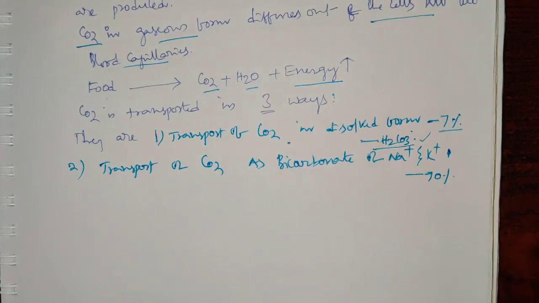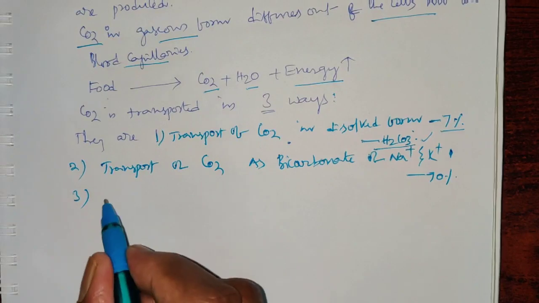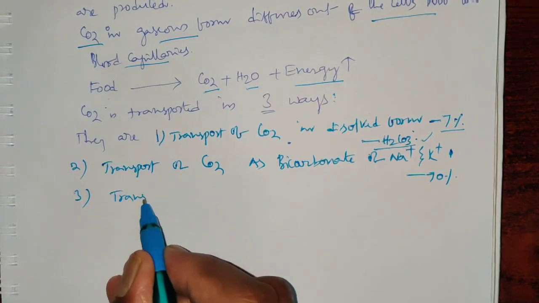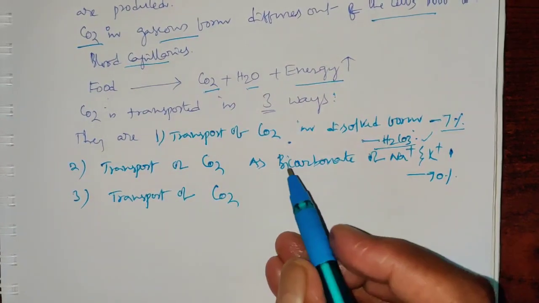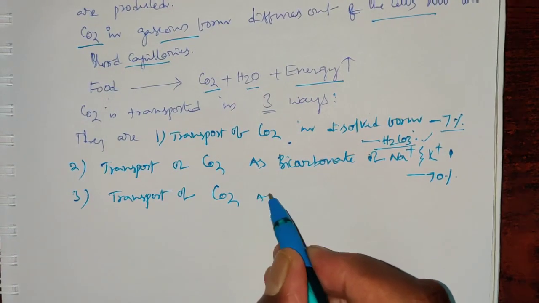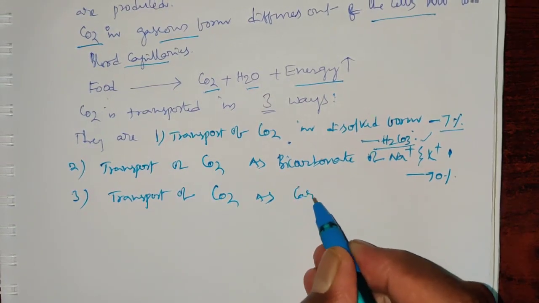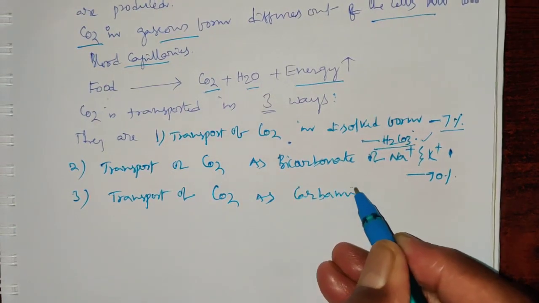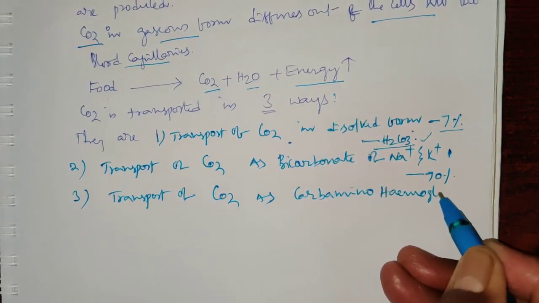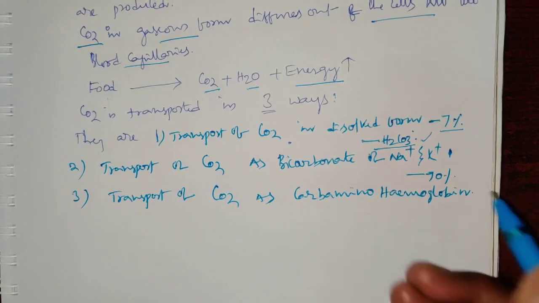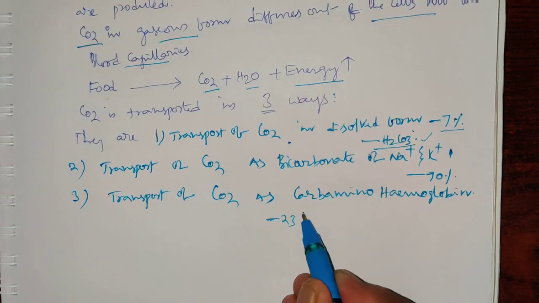So that is the major one. And the third one is transport of carbon dioxide as carbaminohemoglobin. It is about 23%.